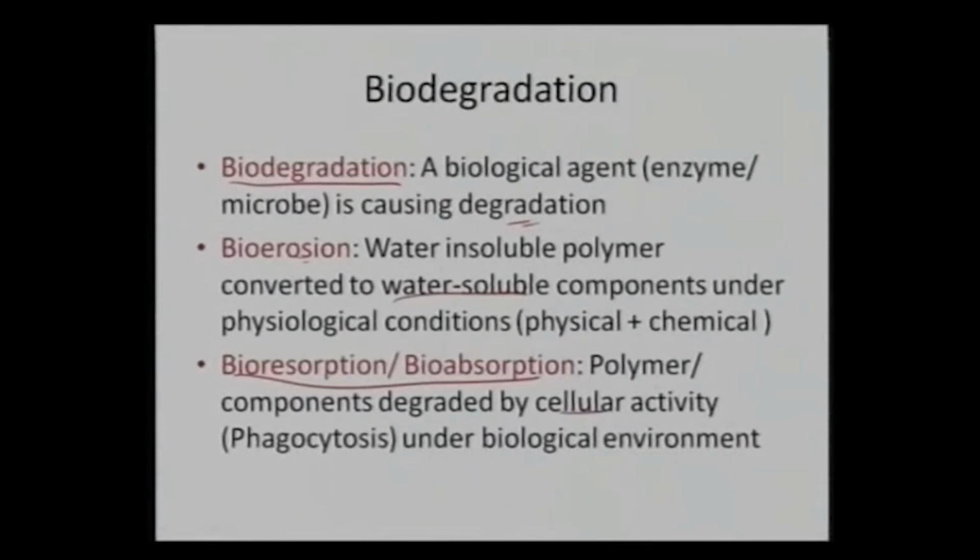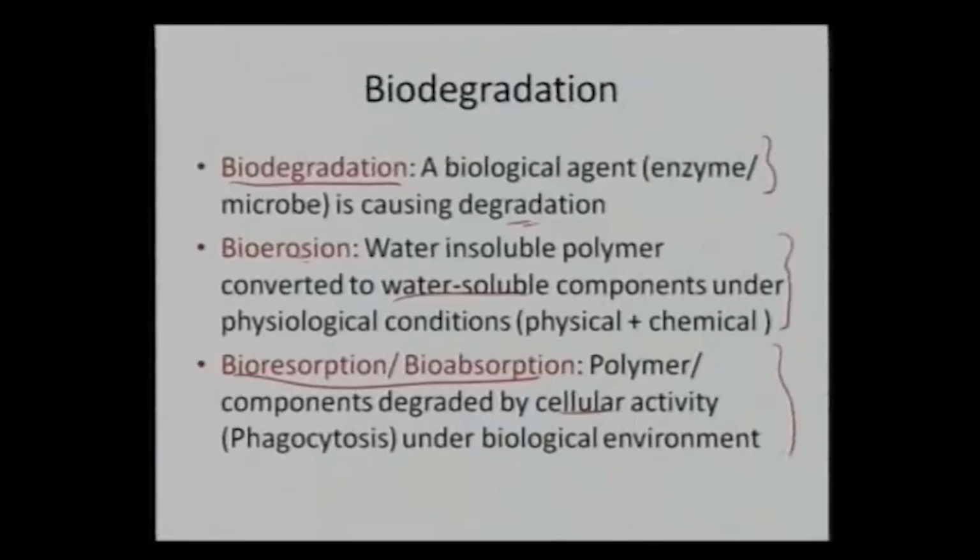So biodegradation is either by enzyme or microbe, while bioresorption or bioabsorption is the breaking of the overall chain by a certain cellular activity, and all these things happen within a biological environment. Those are the terminologies we utilized earlier in defining biodegradation.